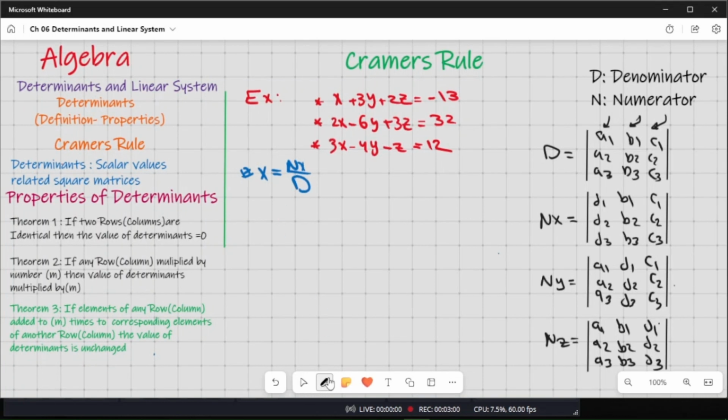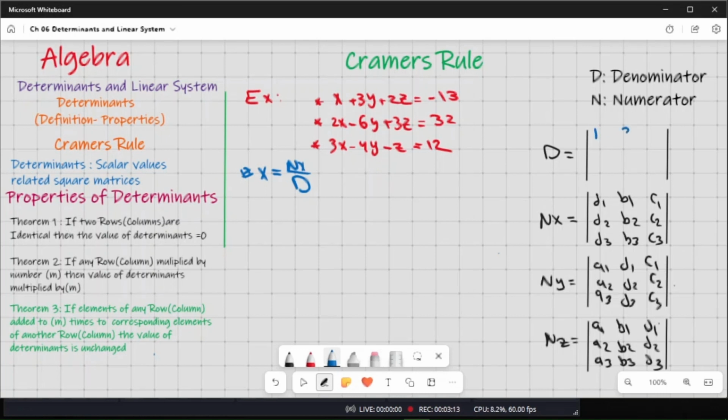Here d will be equal to the determinant of the coefficients of x, y, and z: 1, 3, 2, 2, negative 6, 3, 3, negative 4, negative 1.